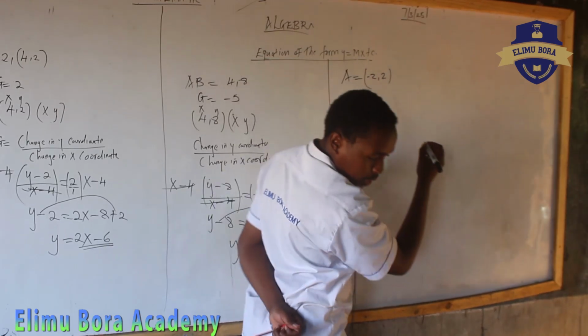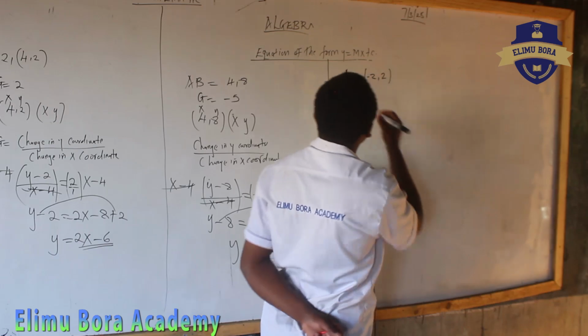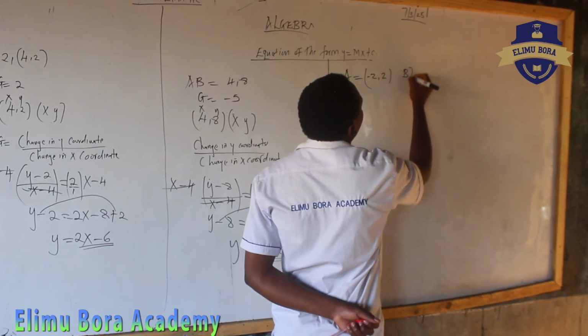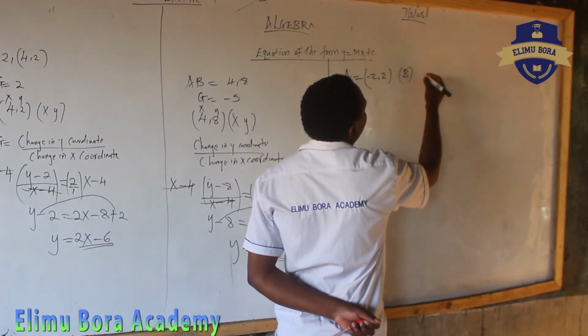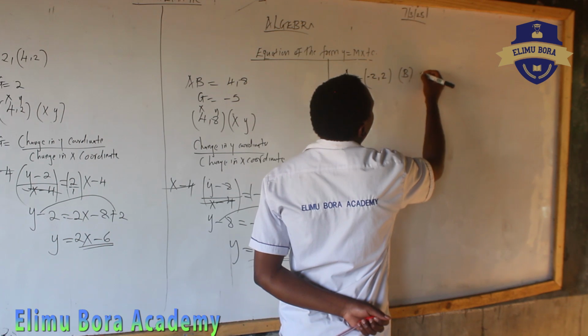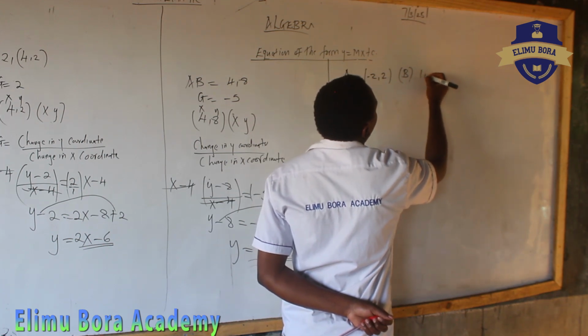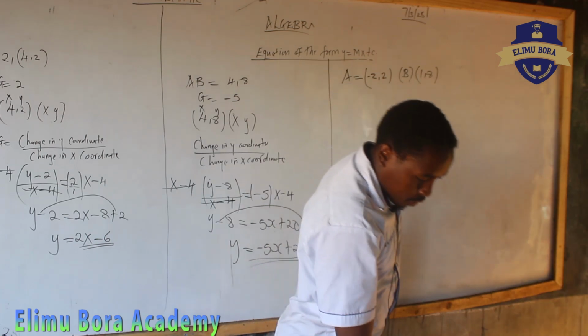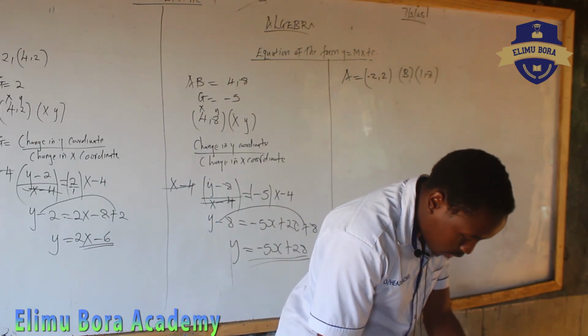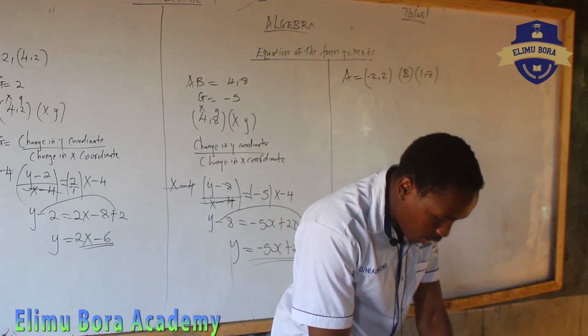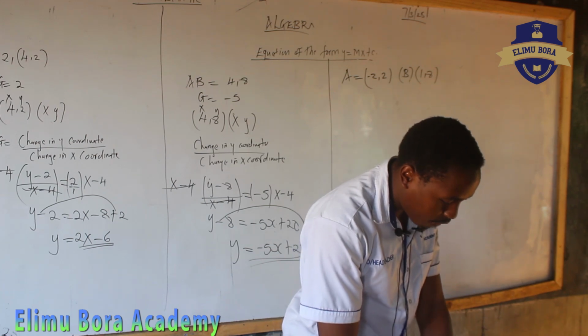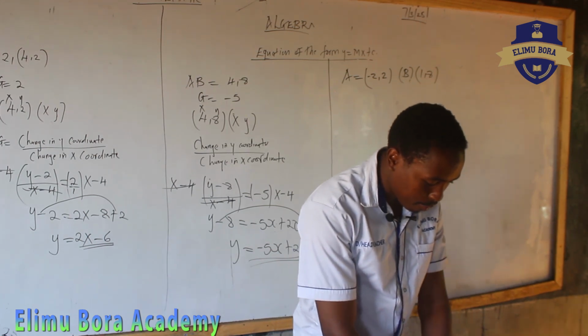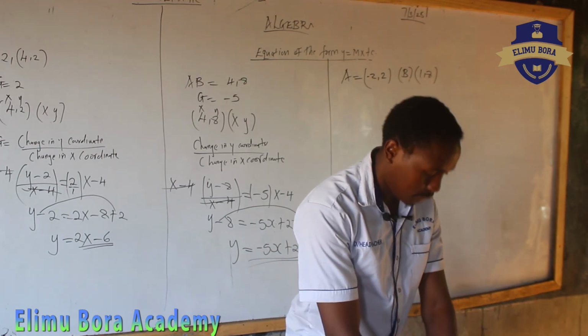And B is positive 1, 8. Like that. Then from there they're asking us to express the equation of the line AB in the form y is equal to mx plus c.